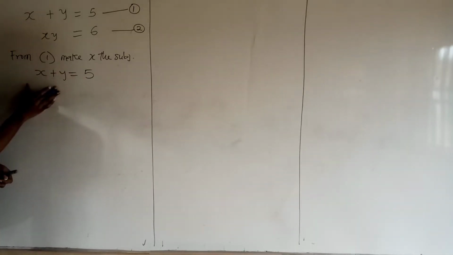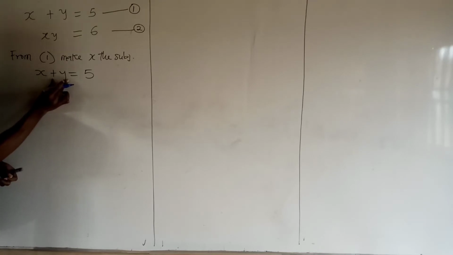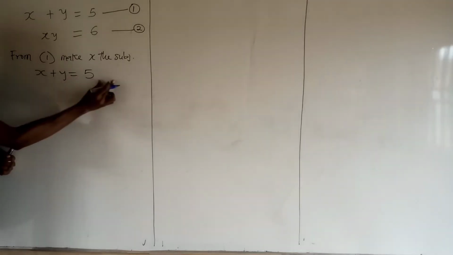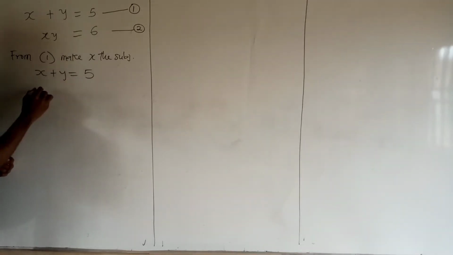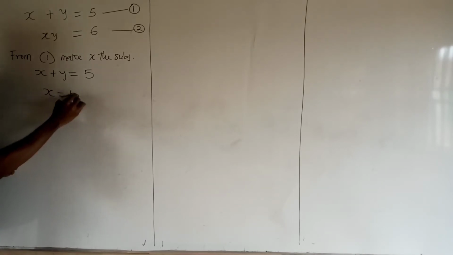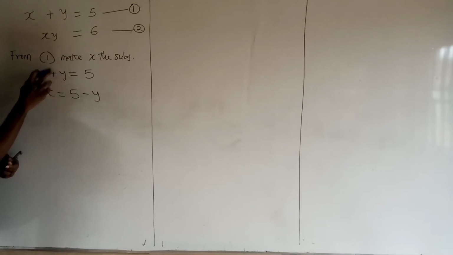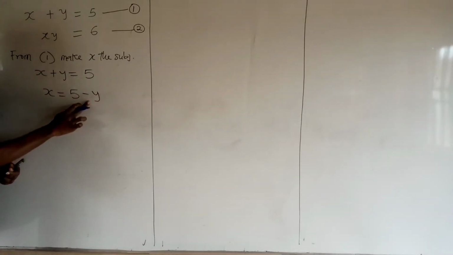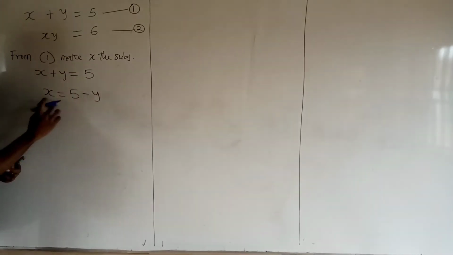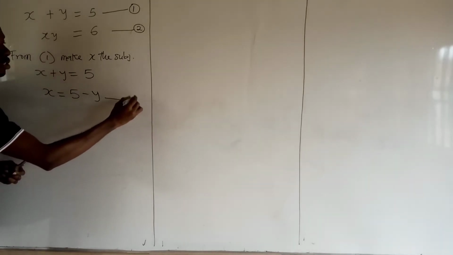If I want to make x the subject, I have to take y from the left hand side to the other side of the equation. So I'll have x is equal to 5 minus y, because when a positive y moves to the other side of the equation, it becomes a negative y. I will name this equation 3.